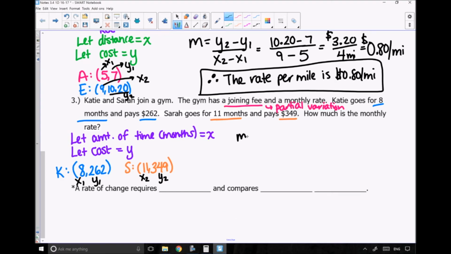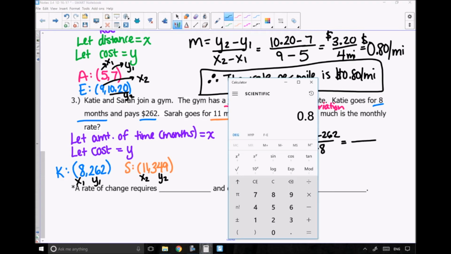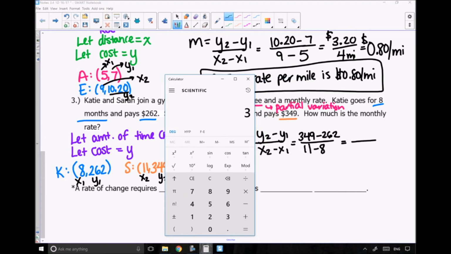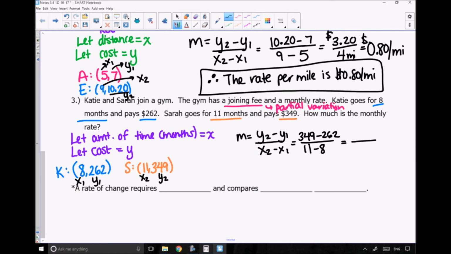So I can go ahead and fill in my information. y2 minus y1 over x2 minus x1. Well, when I plug that in, y2 is 349 minus y1 is 262, over x2 is 11 minus x1 is 8. Okay, so let's go ahead and do our subtraction. So here we have 349 minus 262, and that will give me 87. But 87 what?